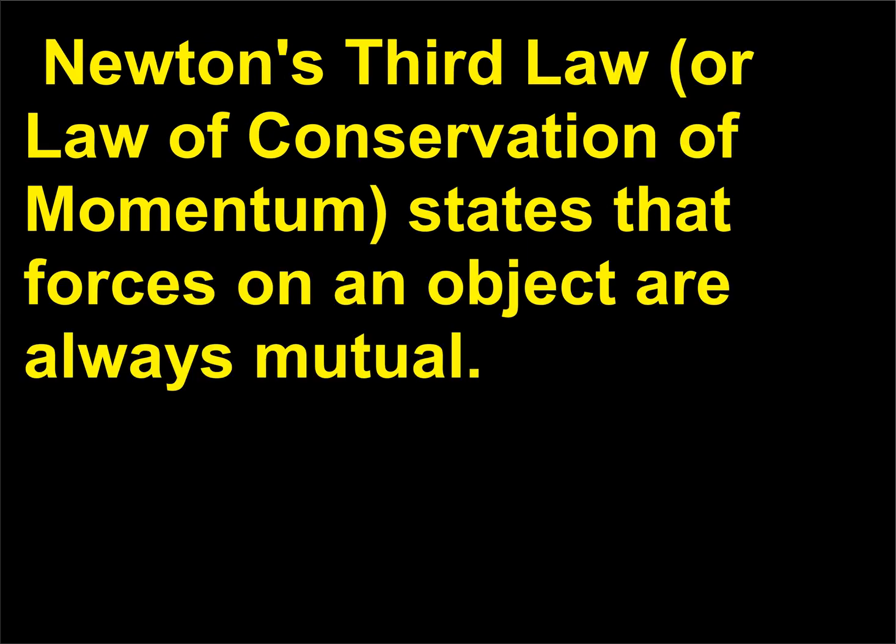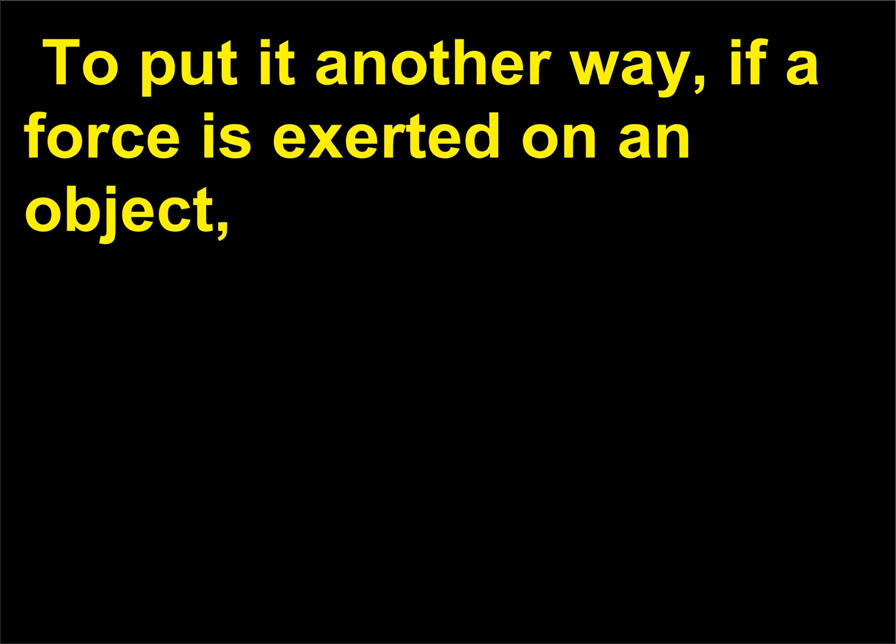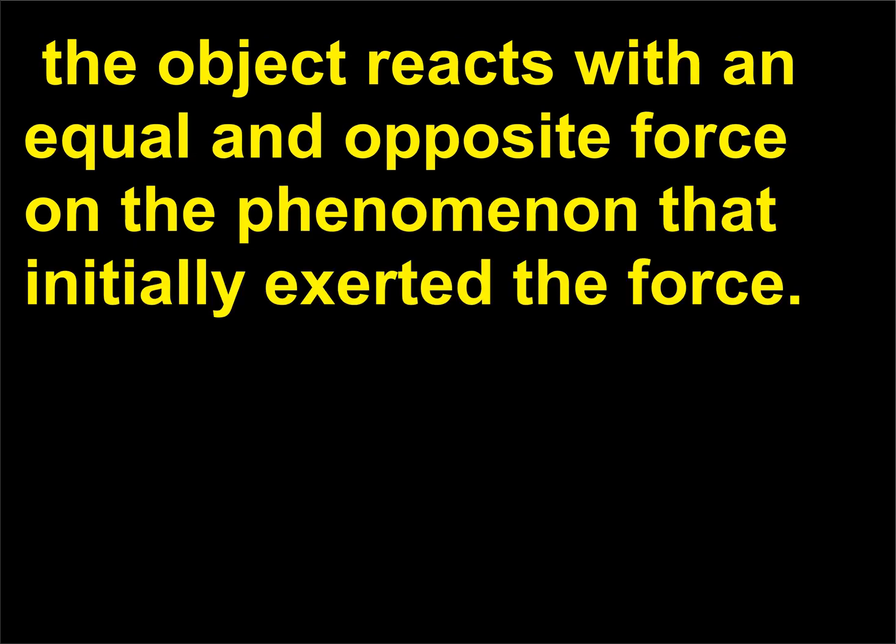Newton's third law, or law of conservation of momentum, states that forces on an object are always mutual. To put it another way, if a force is exerted on an object, the object reacts with an equal and opposite force on the phenomenon that initially exerted the force.